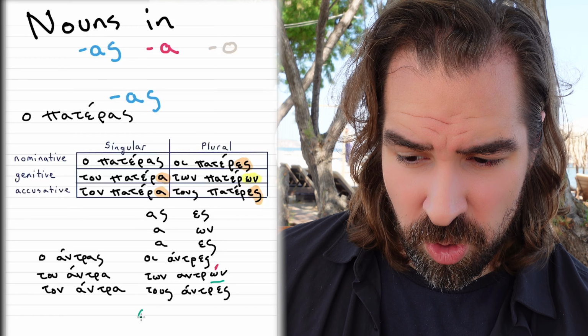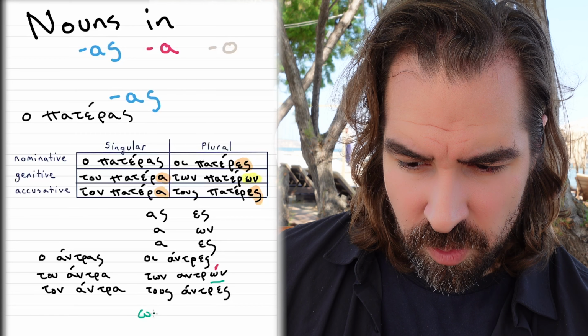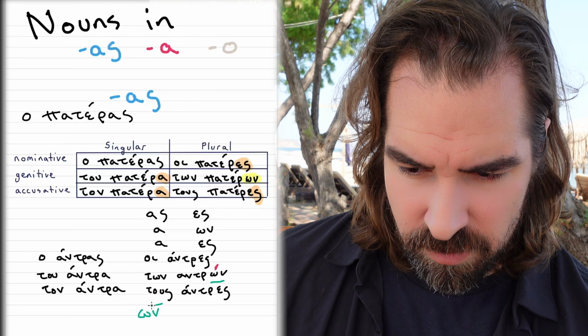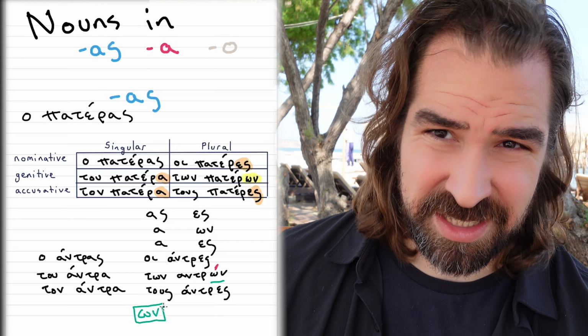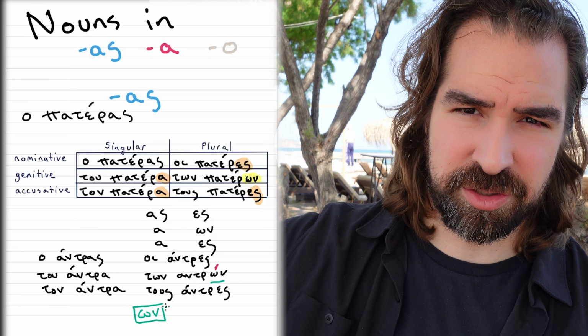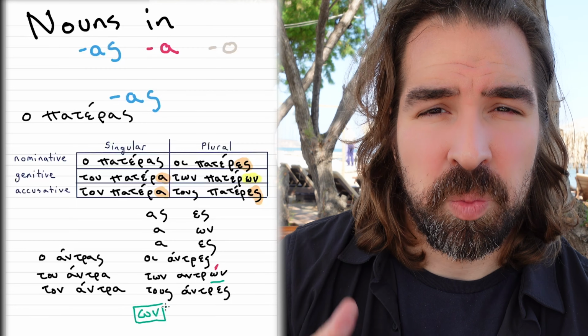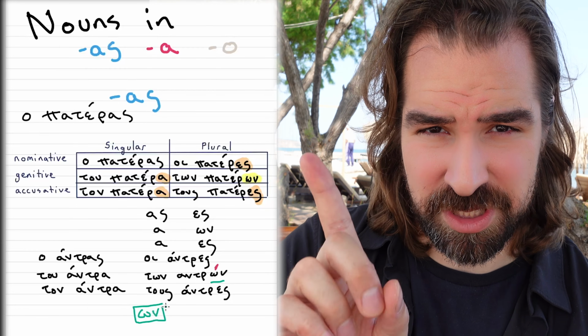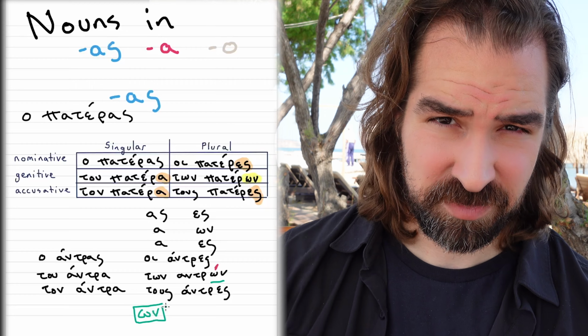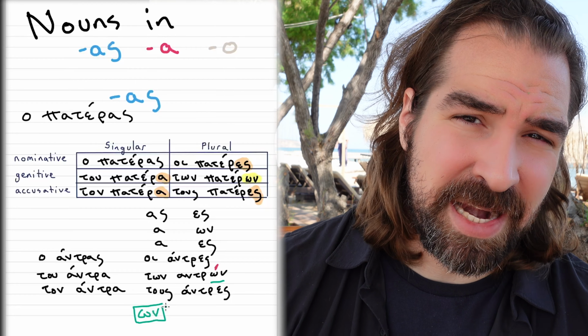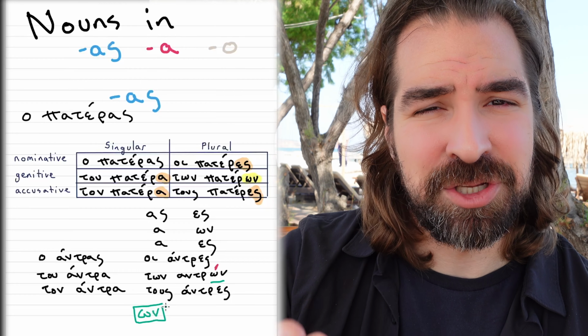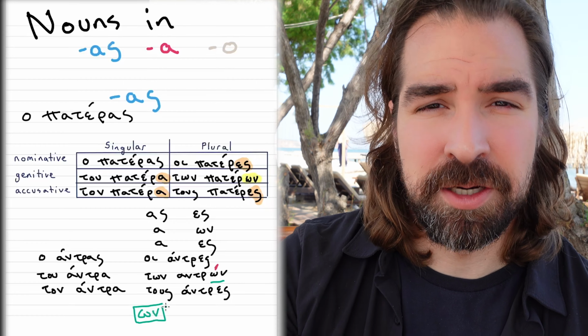When you see this -on ending, omega nu, which is used across all the genders for the genitive plural, we can expect that on some words the accent will move back. There are rules for when that accent will move. We're not going to get into them now. I want you to just notice it.